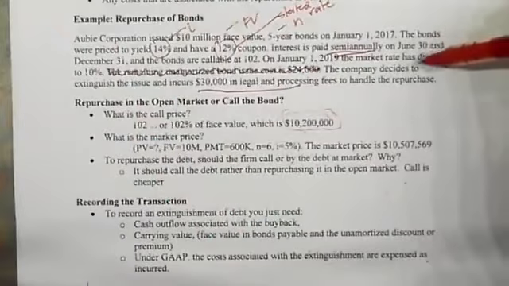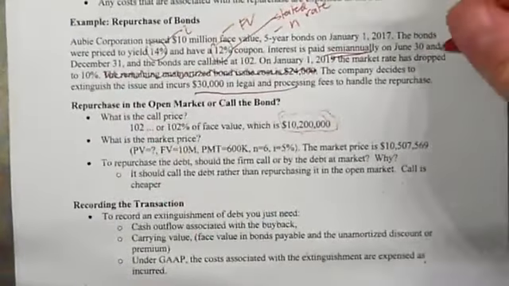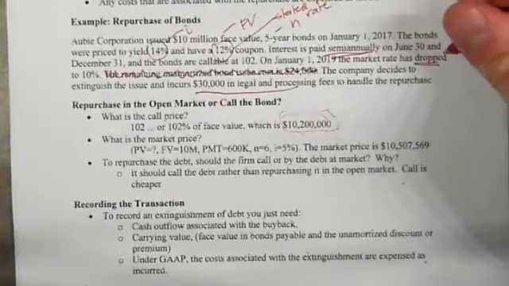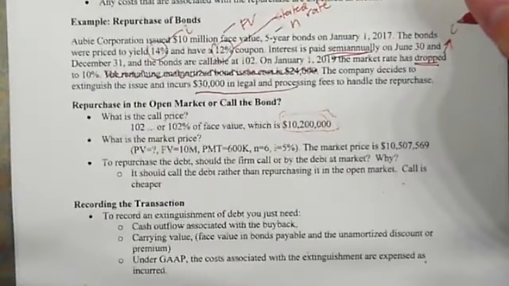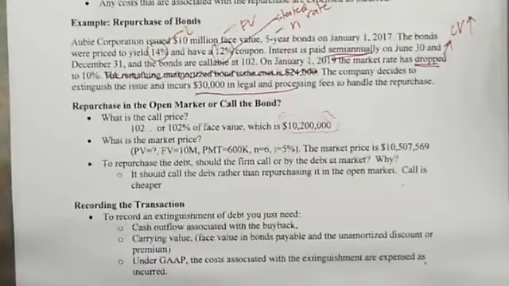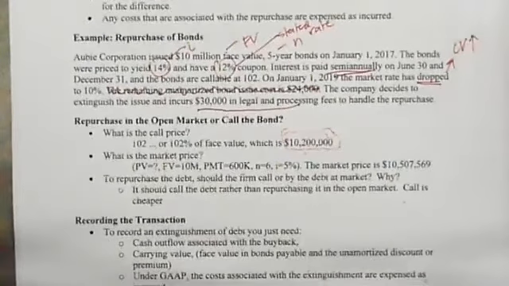So if the market rates drop, right, since they've dropped, that's going to mean that my carrying value will increase because it's an inverse relation to interest. So if the market rates drop, my carrying value will rise. It's not likely I'm going to want to buy them back at the market price.